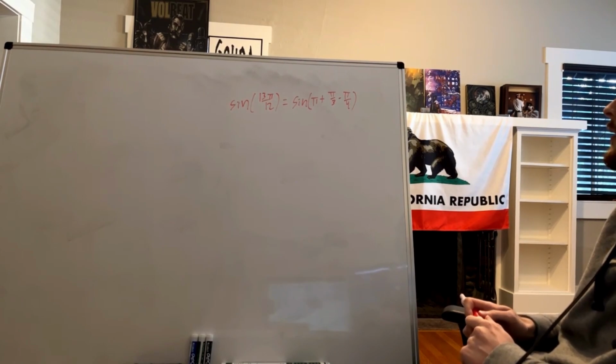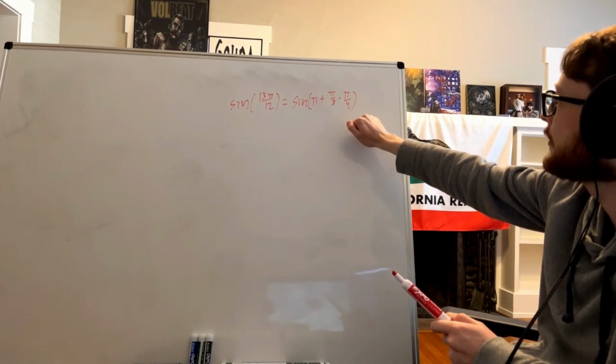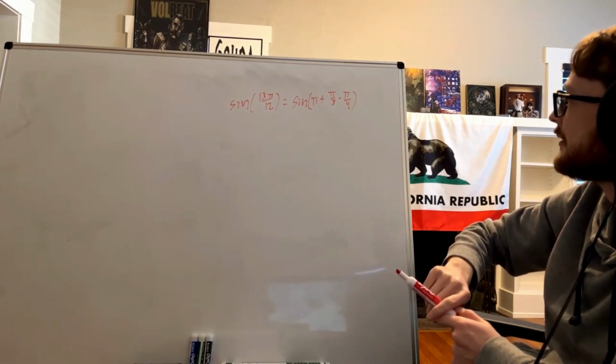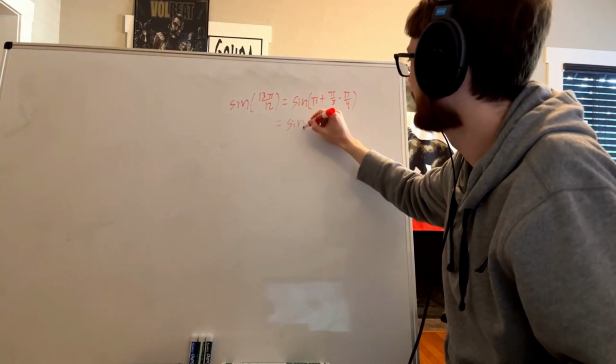Unless we maybe... Wait, well, if we combine the pi and the minus pi over 4, we get 3 pi over 4. That's a unit circle. And pi over 3 is a unit circle. So that might be it.